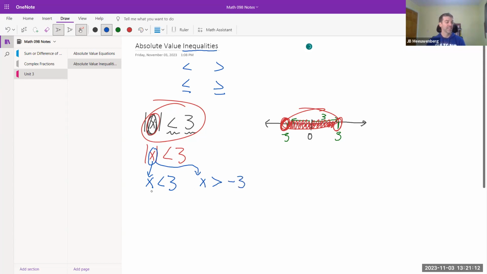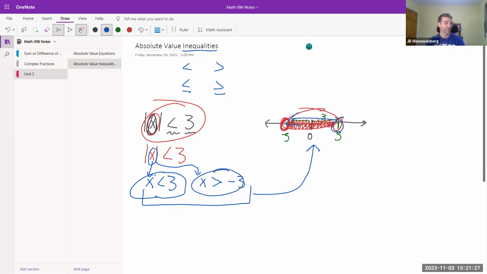So notice how these two statements, here and here, fit with this graph. X is less than 3, so that's starting here and going that way. X is greater than negative 3. That's starting at negative 3 and going this way. So it's where those two arrows overlap each other.